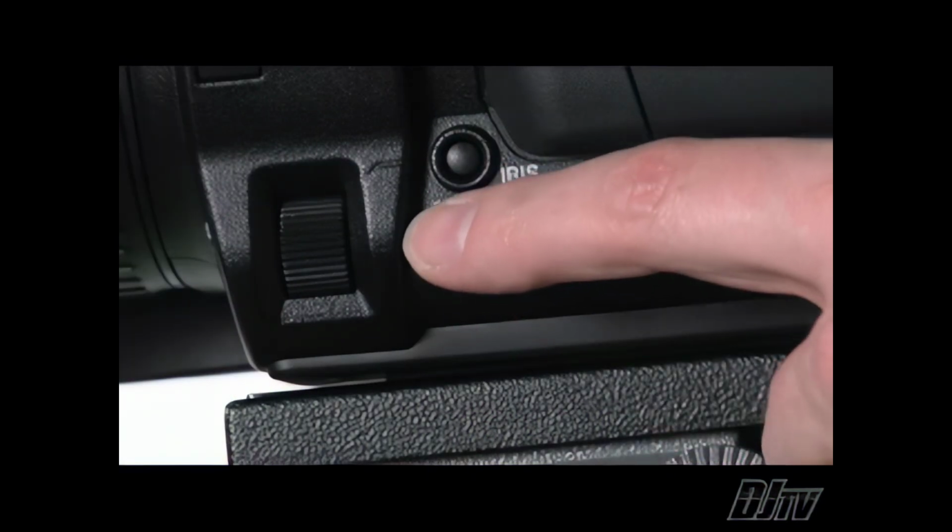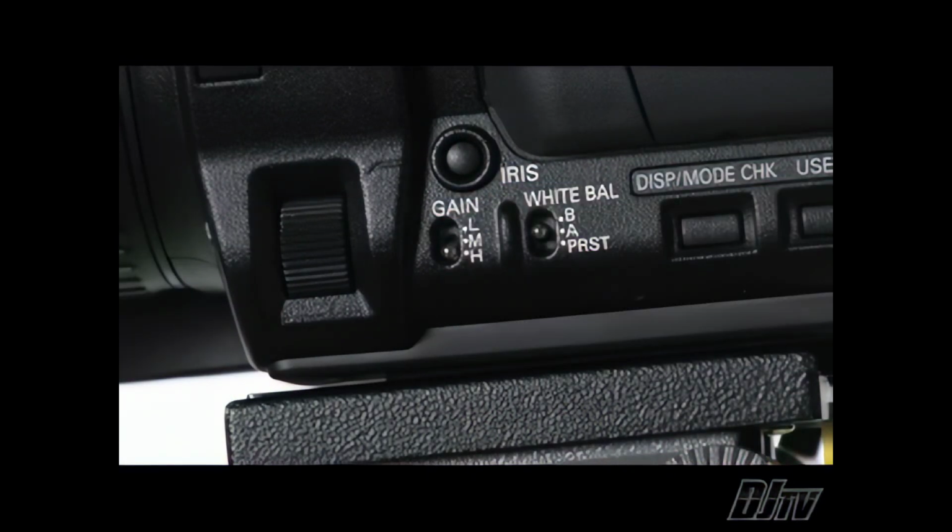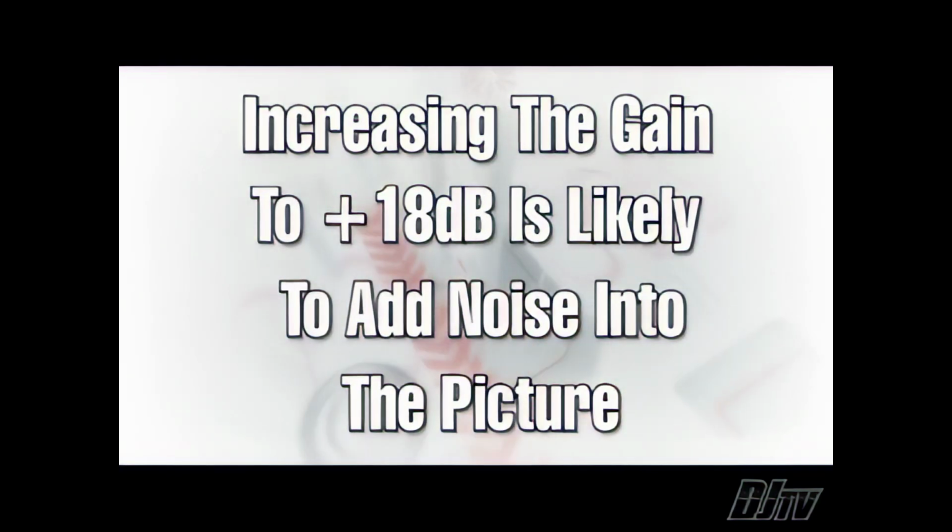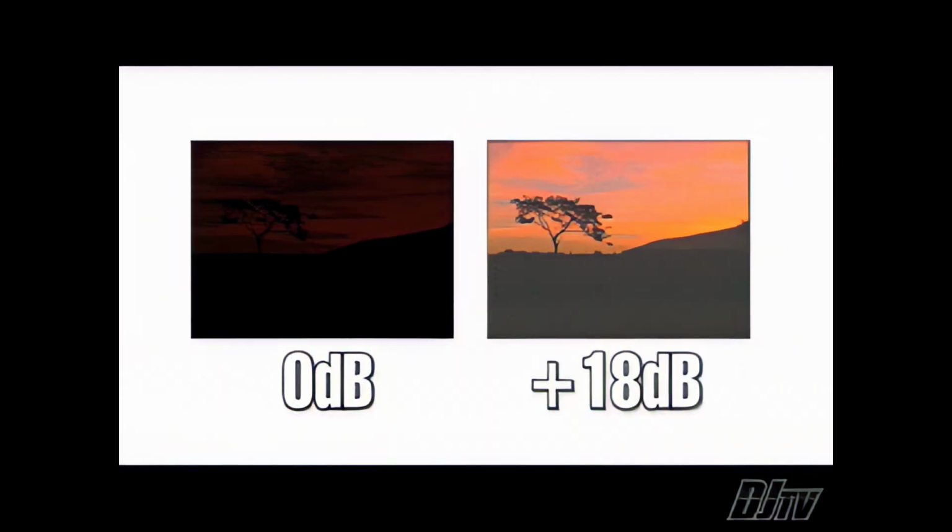Some cameras have a simple low, medium, high toggle, and some give you a little more control over a range of values, for example, plus or minus 12. Increasing the gain to plus 18 dB is very likely to introduce noise into the picture. Pragmatically, however, if plus 18 means getting the shot, as opposed to not getting the shot, a little noise is just the price you pay.